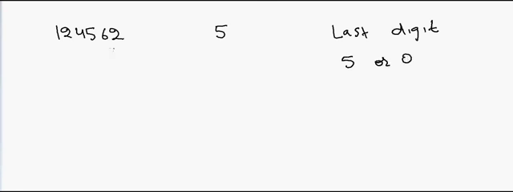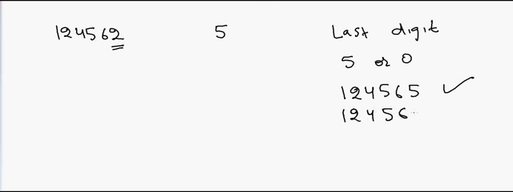In this case it's not, so it is not divisible by 5. If I had 1, 2, 4, 5, 6, 5, then it would be, or if I had 1, 2, 4, 5, 6, 0, then it would be, but not in this case. So we know this now.